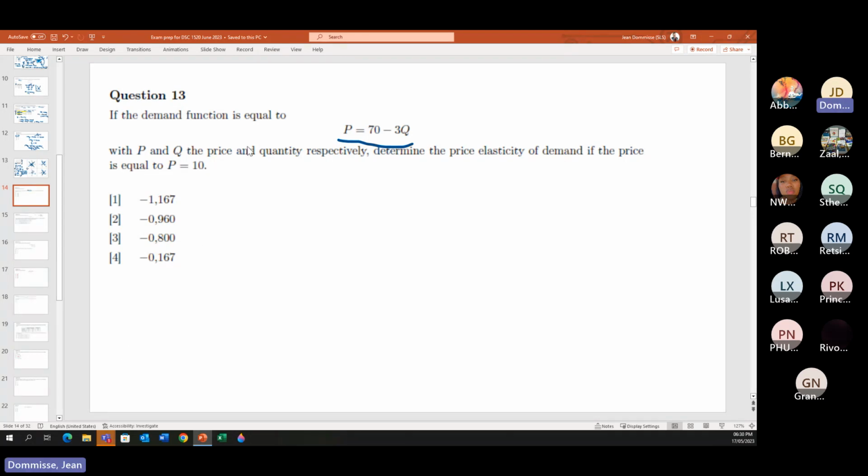Okay, so we've got the demand function with P and Q, the price and quantity respectively. Determine the price elasticity of demand if the price is equal to P equal to 10. Okay, so price elasticity of demand.